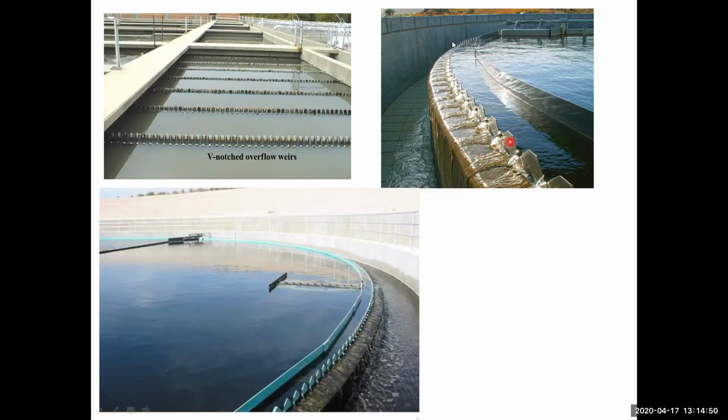So what will happen? The velocity of the flow will be kept under control, and there will be no chances of turbulence. This is one type of outlet, and here it is the rectangular weir, a simple type. So these are the two types of outlets provided at the exit of the sedimentation tank.